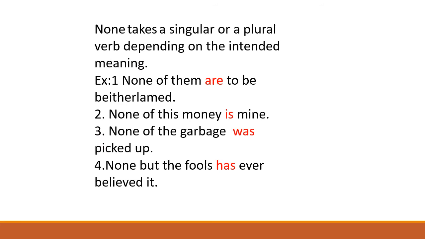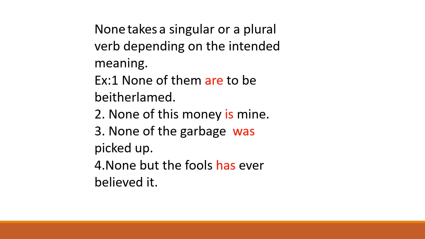Next one, none takes a singular or a plural verb depending on the intended meaning. For example, none of them are to be blamed. There is an error here, children. To be blamed it is, okay.